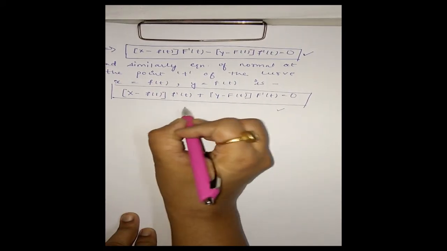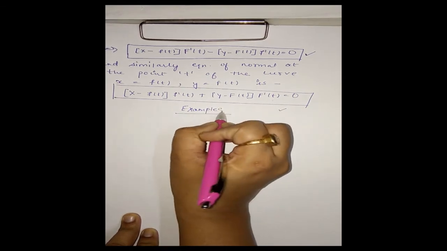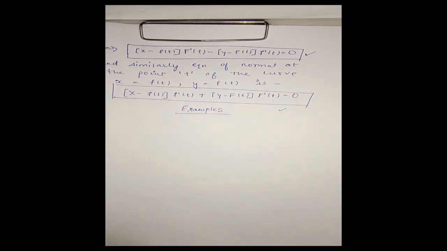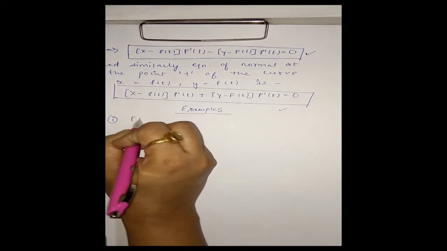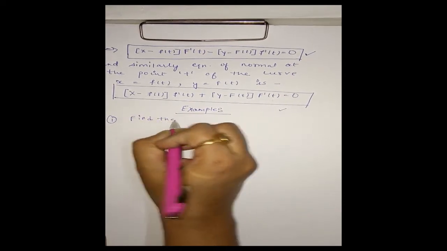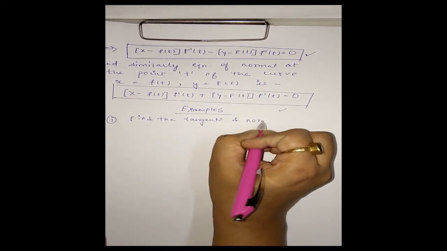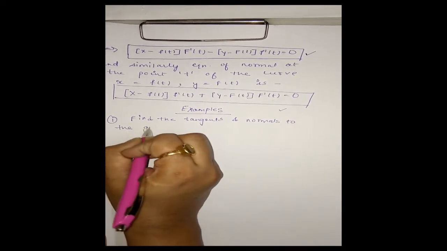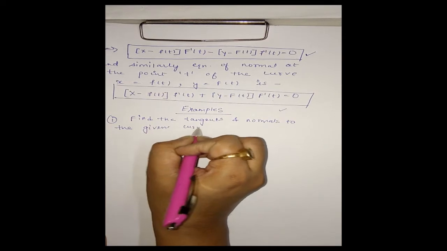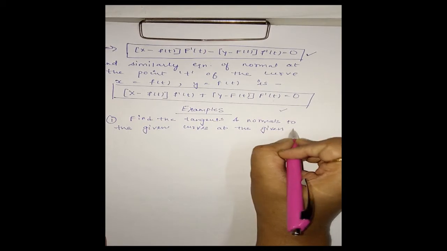Okay, now we consider some examples and let us see how we can find the tangents and the normals to given curves. First, find the tangents and normals to the given curves at the given points.